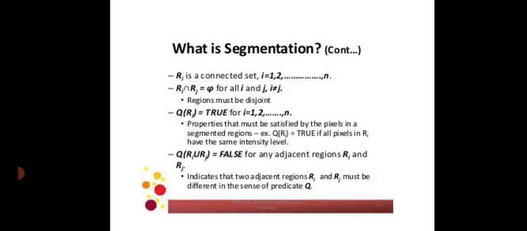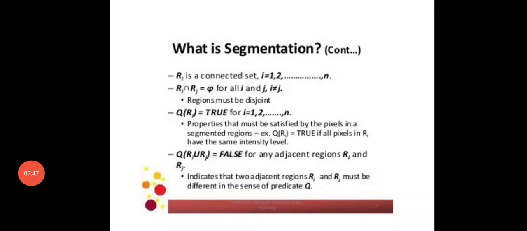Condition C indicates that the regions must be disjoint, while condition D deals with the property that must be satisfied by the pixels in a segmented region. For example, Q of Ri is equal to true if all the pixels in Ri have the same intensity level. Finally, condition E indicates that two adjacent regions Ri and Rj must be different in the sense of a predicate Q.